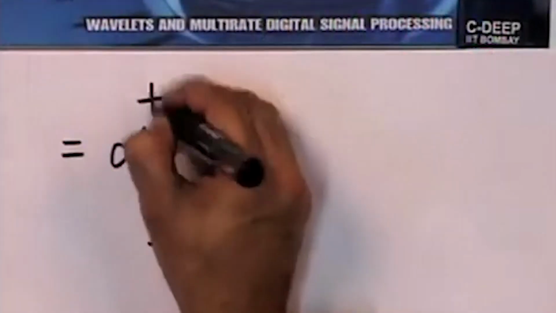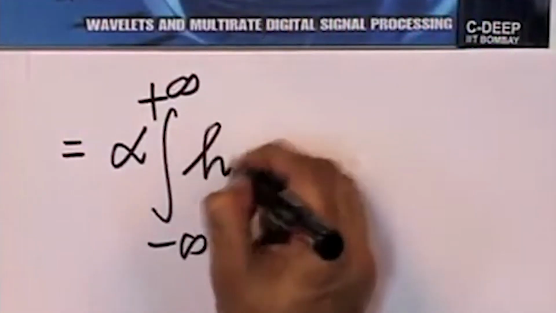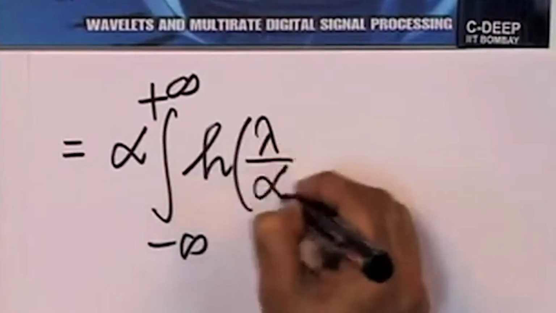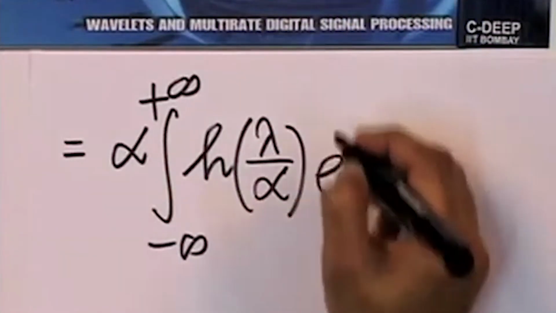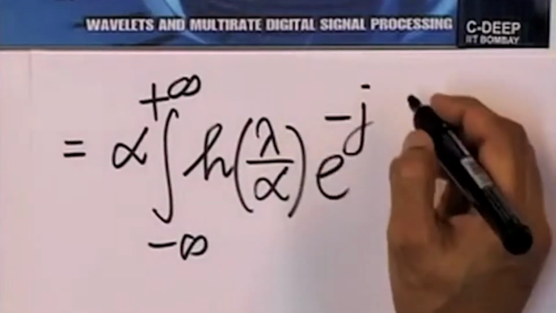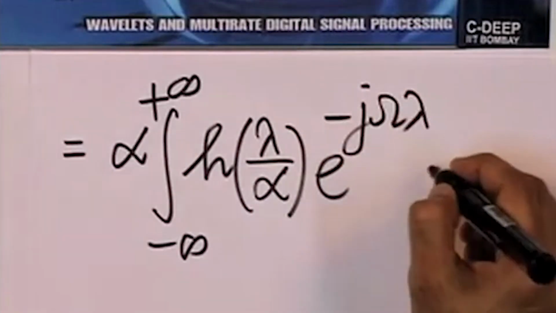So, therefore, we would have this equal to alpha times integral minus to plus infinity h lambda by alpha, making the substitution, e raised to the power minus j omega lambda.